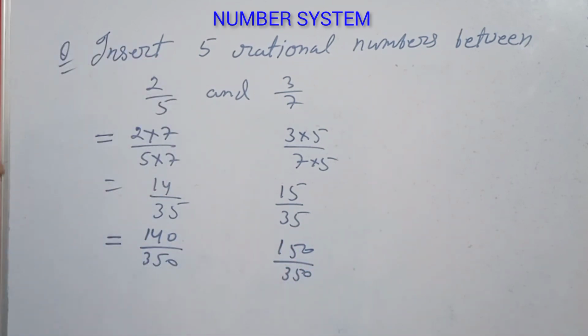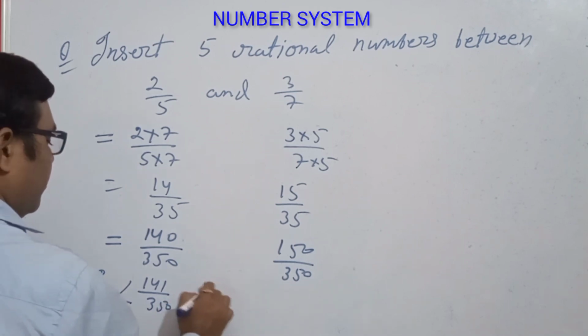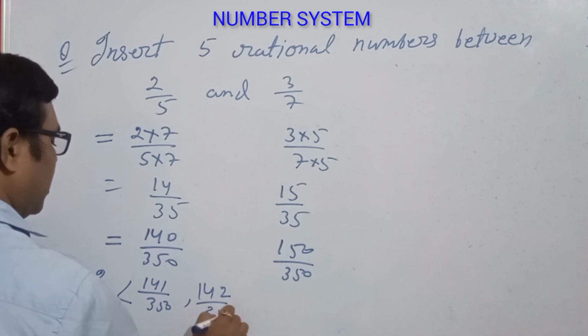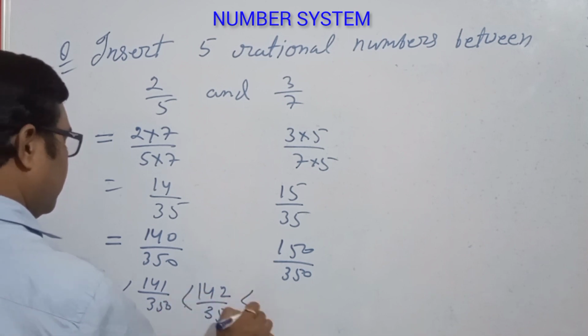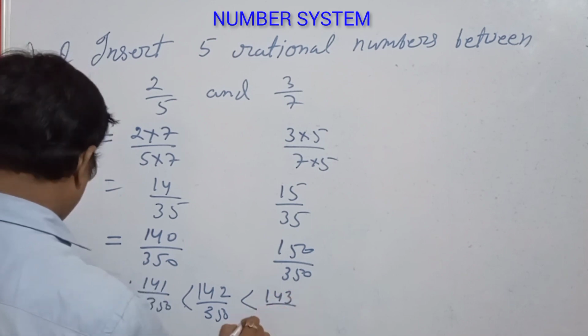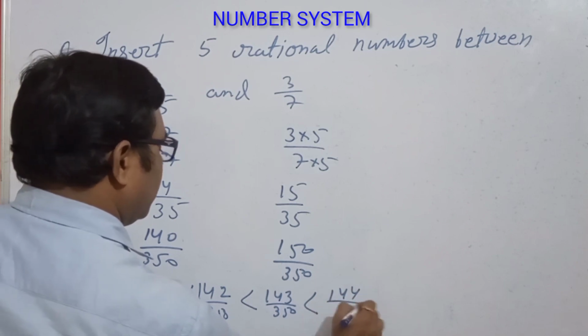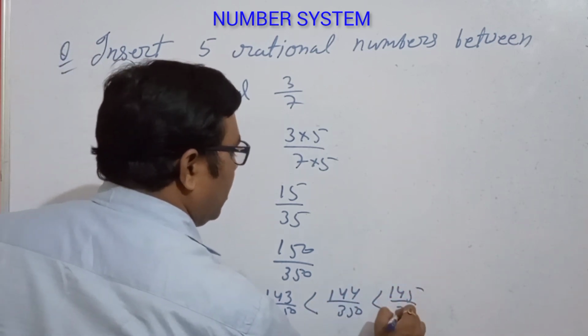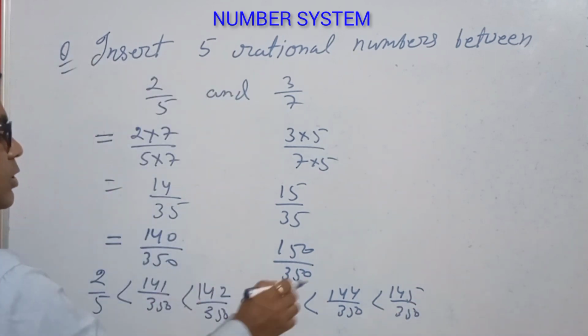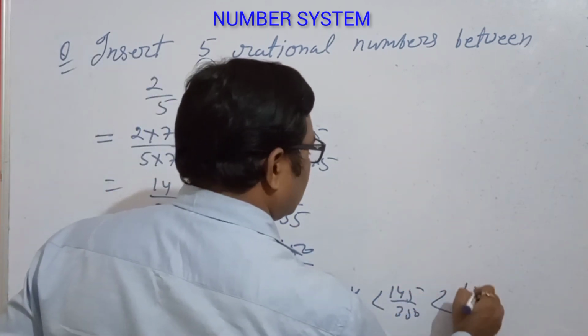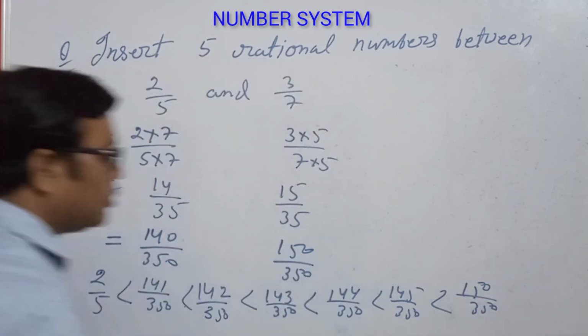Now between 140 and 150 we can easily write rational numbers as 141 by 350 greater than 2 by 5, 142 by 350, 143 by 350, 144 by 350, 145 by 350, 1, 2, 3, 4, 5, and next one is 150 by 350.